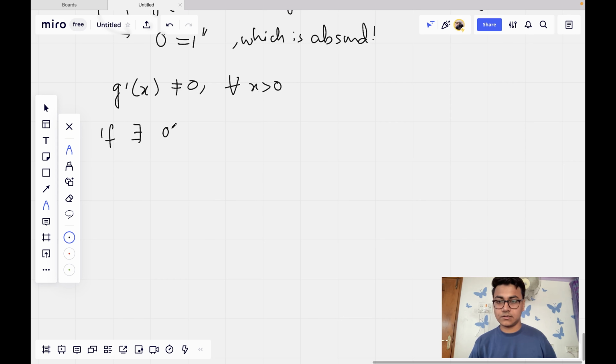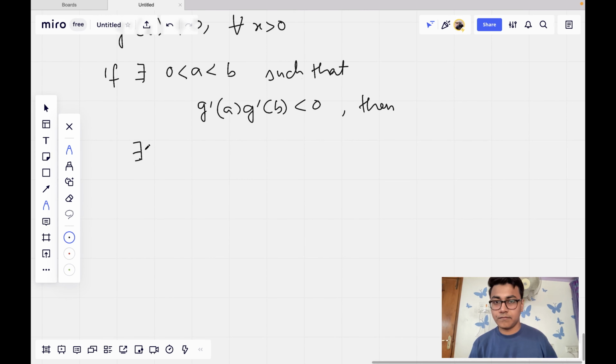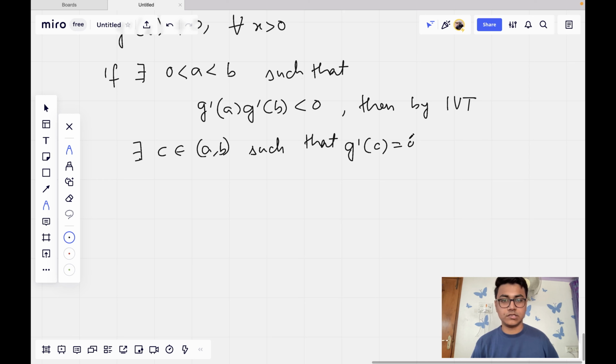If there exist two positive real numbers a and b such that the value of g dash at these two points is different, what I mean by this is, suppose g dash a is positive and g dash b is negative, or g dash a is negative and g dash b is positive, which we can write as g dash a times g dash b is less than 0, then by the intermediate value theorem, there exists a real number c in the interval a comma b such that g dash c is equal to 0. Again, as we have already seen, this is not possible.